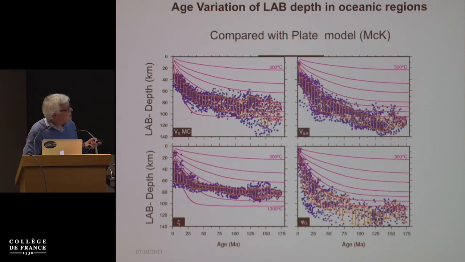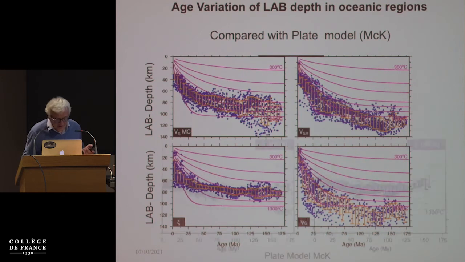Of course, when we consider the plate model, it's much better. It's not perfect, but we have something which is not so bad for the base around the isotherm of 1300 degrees Celsius. But for the radial anisotropy, the Xi parameter, you see that the depth variation is very small and it does not correspond to a specific isotherm, but basically it is within the oceanic lithosphere.